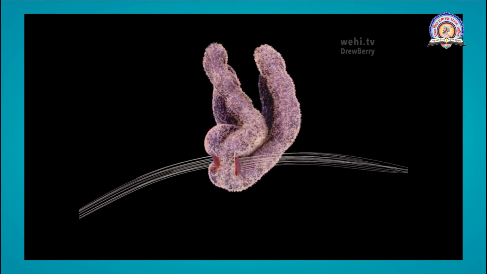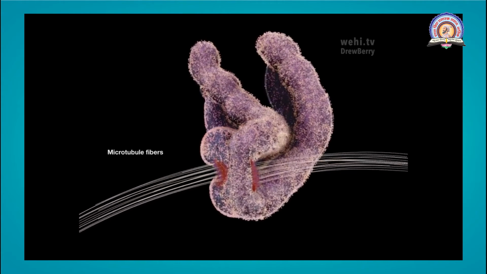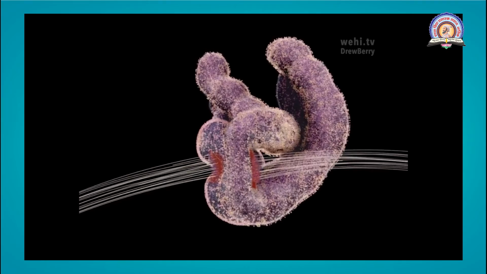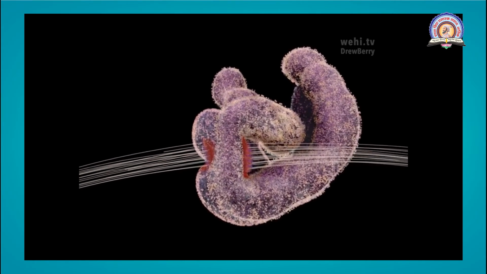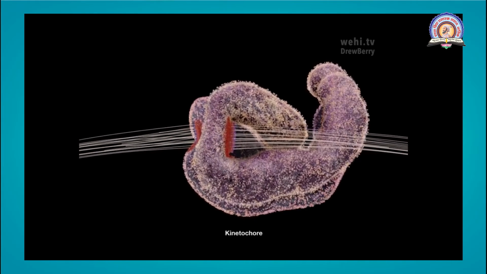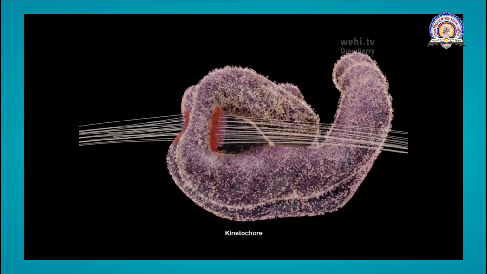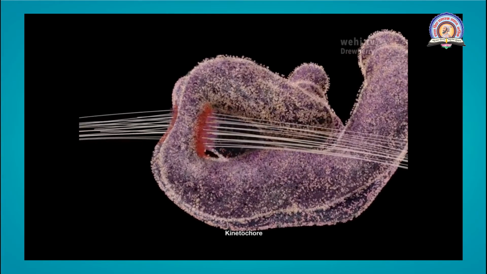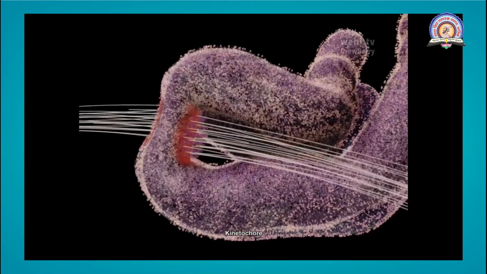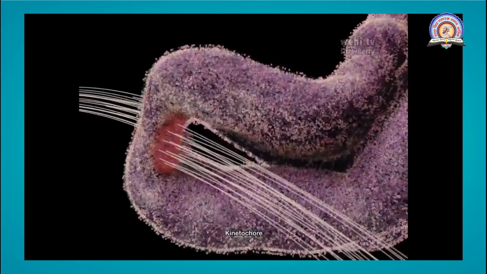Sticking out from either side are microtubule fibers from the mitotic spindle, used for orienting and guiding the chromosomes to their correct positions. The red region is the kinetochore, which works as the interface between the microtubules and the chromosome. The kinetochore is one of the largest and most complex molecular machines inside living cells, with multiple functions to perform.